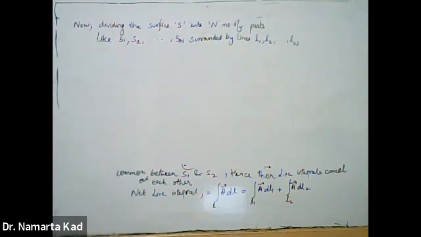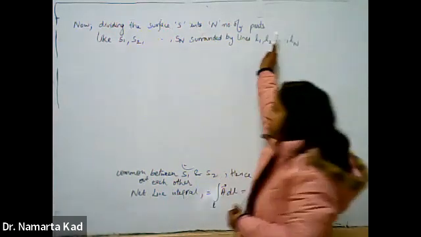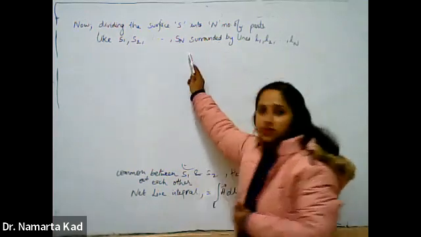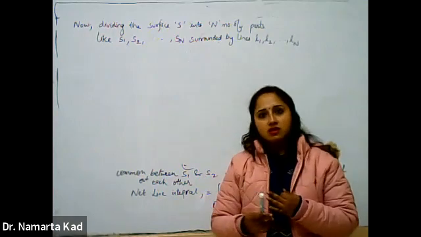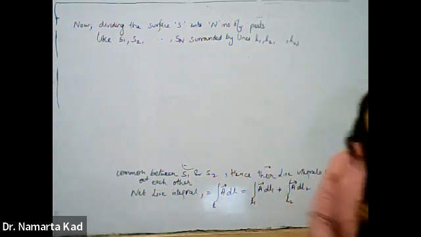So in the next step, we are going to divide the surface S into n number of parts. That means S1, S2 up to Sn, and these surfaces are surrounded by the lines L1, L2 up to Ln.